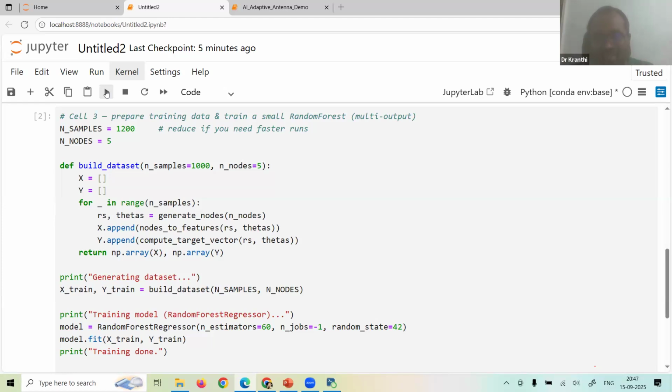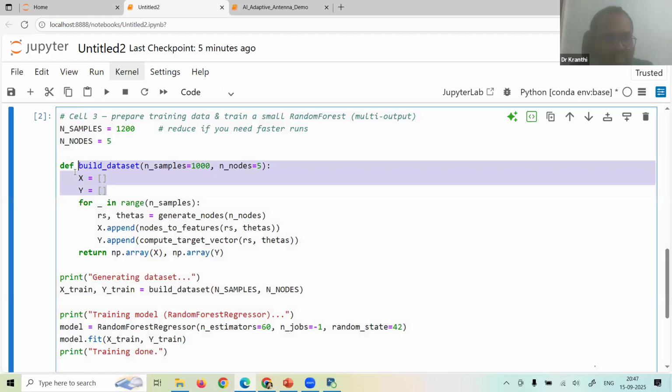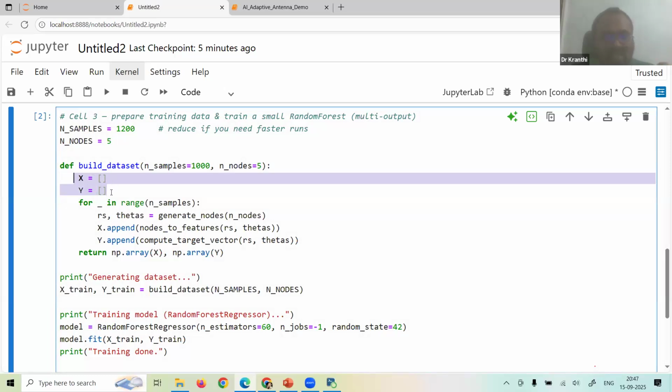Instead, we create a synthetic data set, because in real time I tried, but this Google Colab did not work out. So here I talk about two things, X and Y. Here I highlight those 2 points. This vector X is the IoT node positions with angle and directions, and this output Y is the computed best beam direction, because for the base station, if the signal to noise ratio is more, the node is nearby.